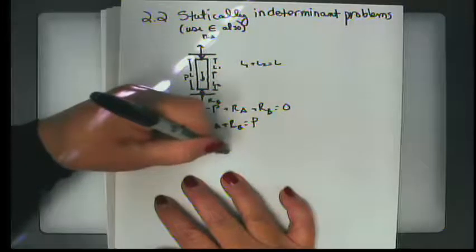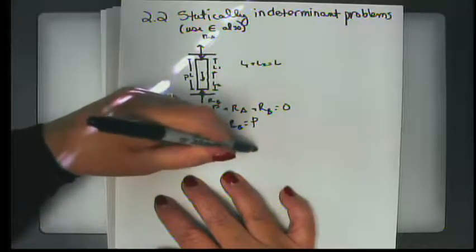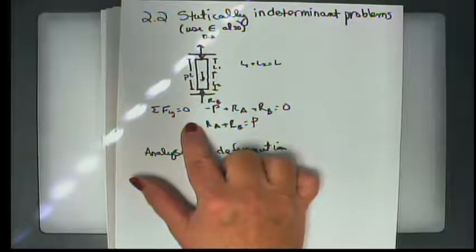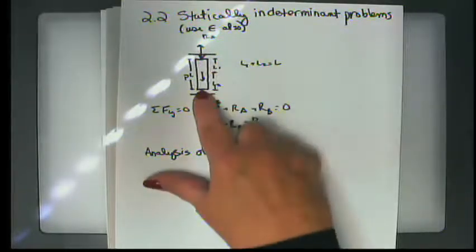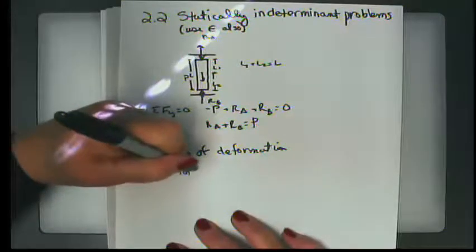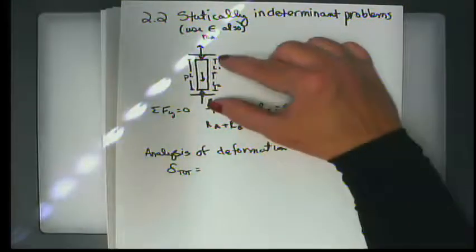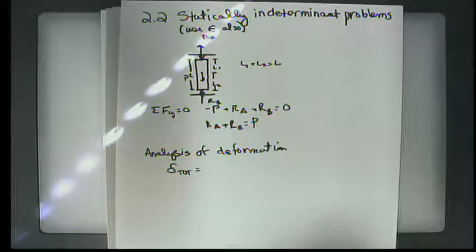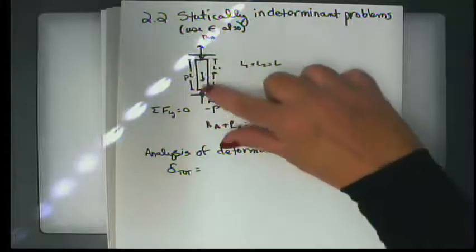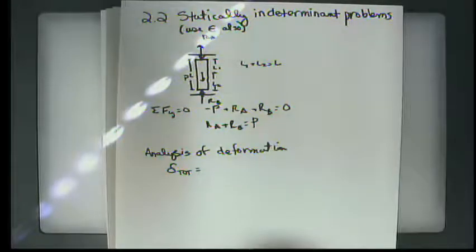What that means for us is this. First of all, because this is pinned at the top and the bottom, we know that the total change in length is going to be equal to what? If it's pinned here and it's pinned here, how much can it actually move? None, right?